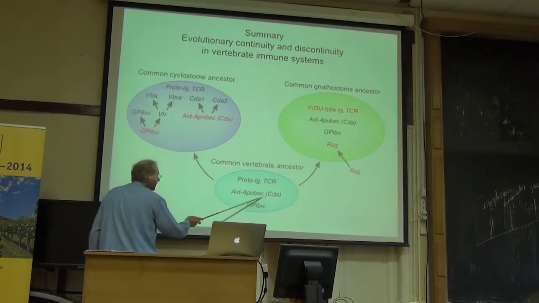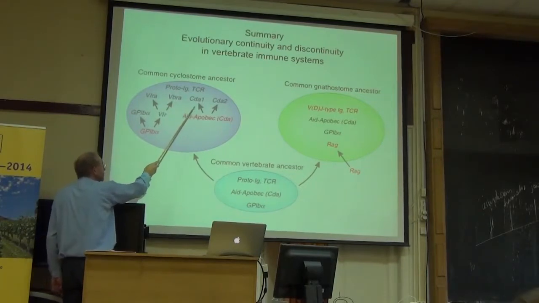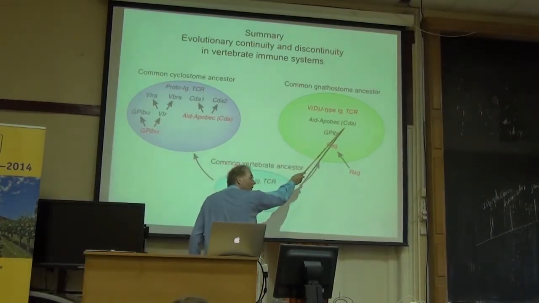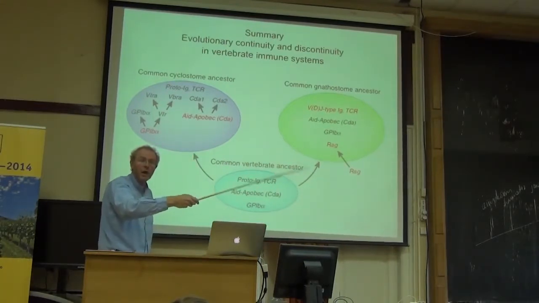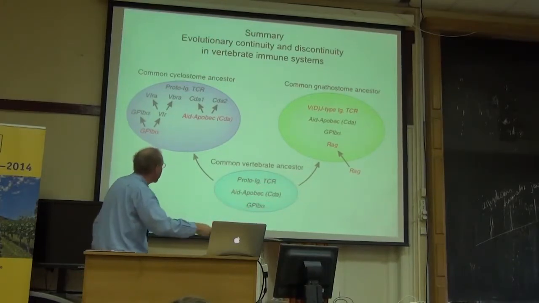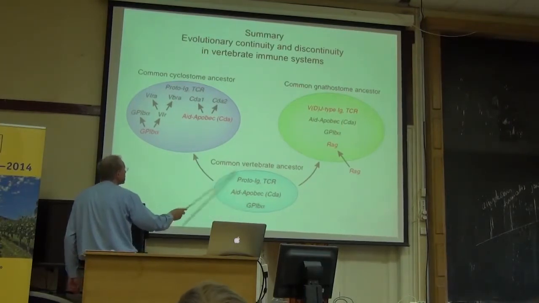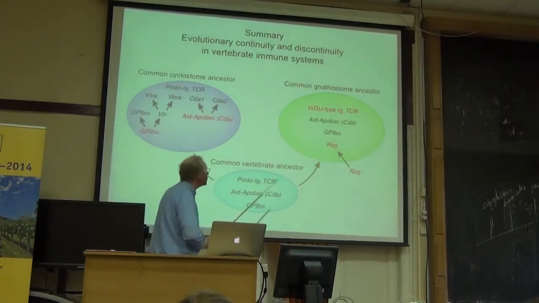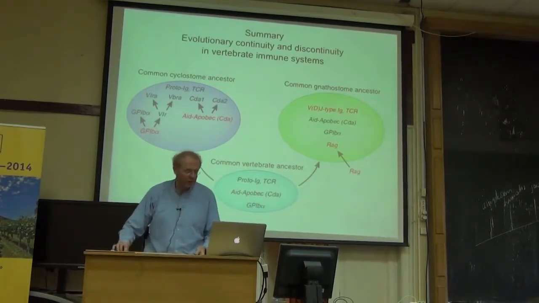The CDAs, the cytidine deaminases that are so important for the somatic diversification in this group of animals, already exist or still exist in our group of animals, and are also used, I alluded to this briefly, for somatic diversification, hypermutation in the B cell lineage. This glycoprotein here is the ancestor of the VLRs, and this still exists in our genome. The only discontinuity is the introduction by lateral gene transfer of these RAG recombinases.